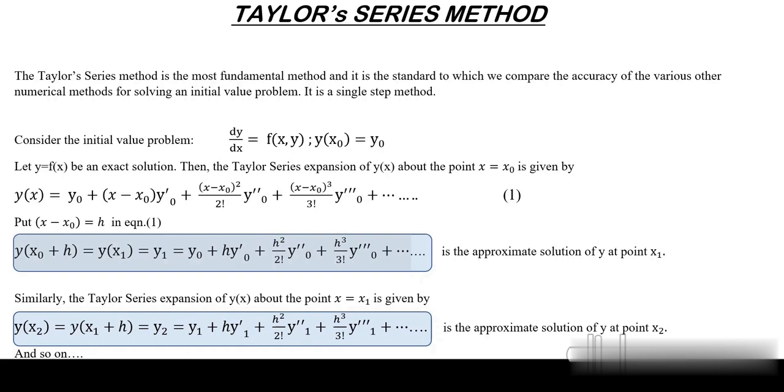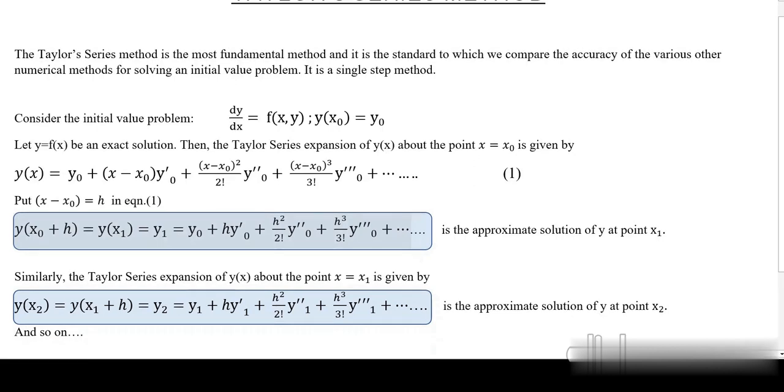So consider the IVP dy by dx is equal to f of x, y with the initial condition y at x naught is equal to y naught. Now let y is equal to f(x) be the exact solution. So the Taylor series expansion of y(x) at the point x is equal to x naught is given by equation 1.